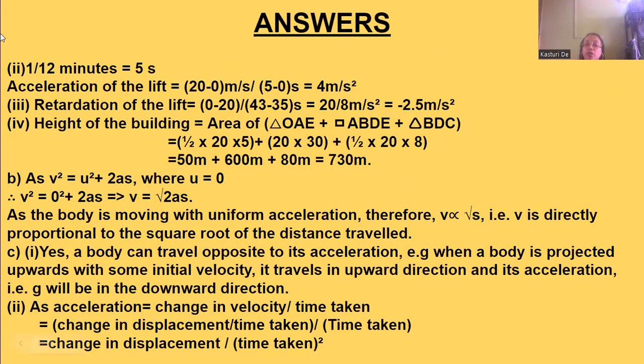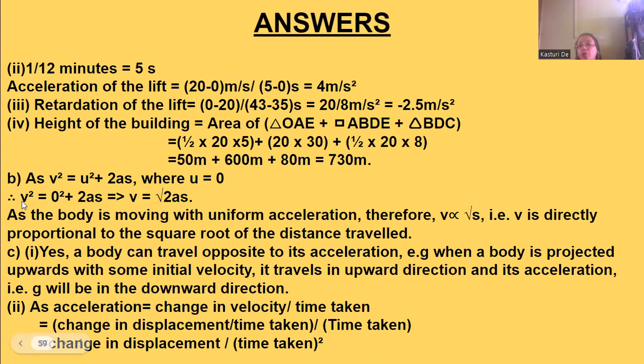Now see, acceleration is constant and it starts from rest, so initial velocity will be 0. We need to find out the final velocity. So 0 squared, that means 0 plus 2as, right?